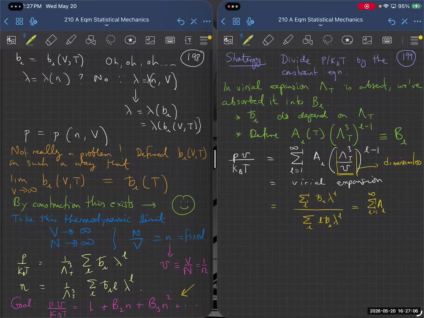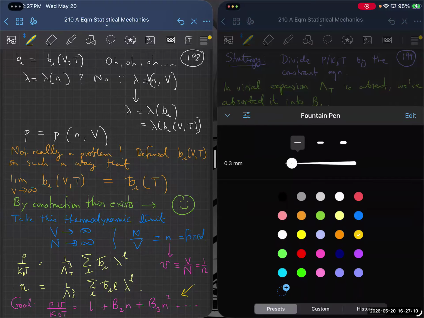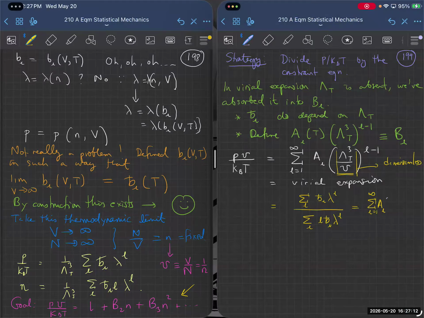Let me put this in different colors so you can see it as I run over the edge of the page. It's the term 1 over V to the L minus 1. That's basically what I have over here on the left-hand side. So what I have inside here is L b_L over lambda to the L. Okay, all of these sums over L are dummy variables.